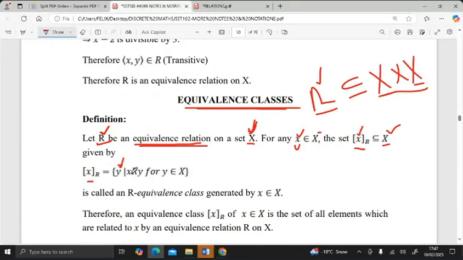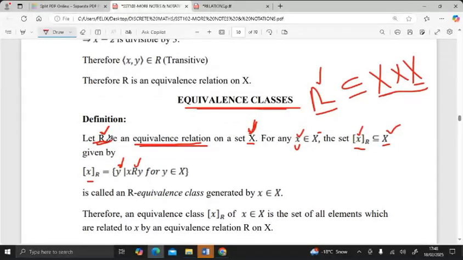Look at this. It is equal to the members Y such that X is related to Y. For Y, of course, again, members that are found in X. So all these Ys, these members of this class, are simply members of X that are related, that R relates X to.